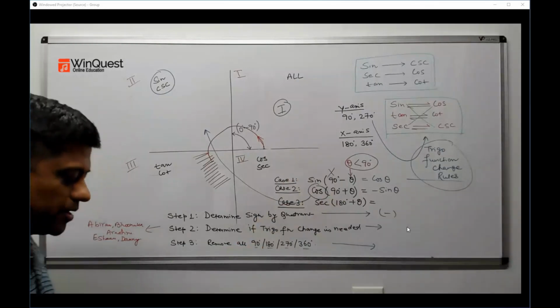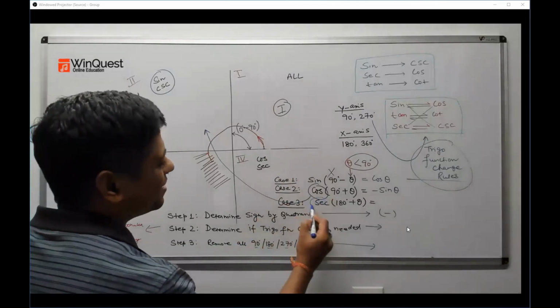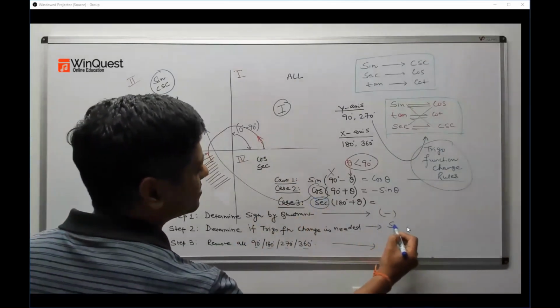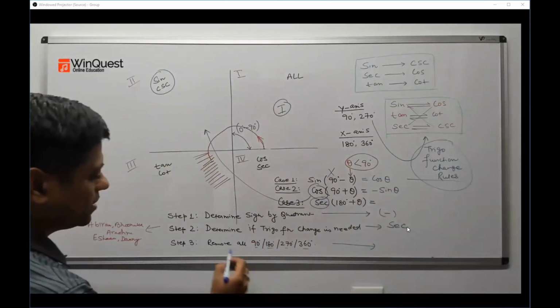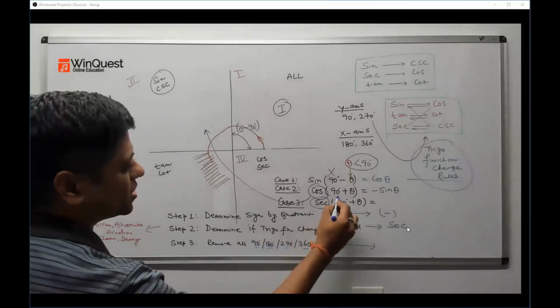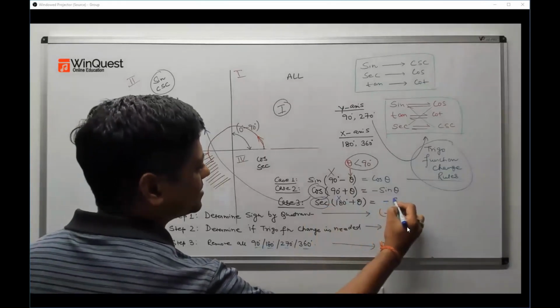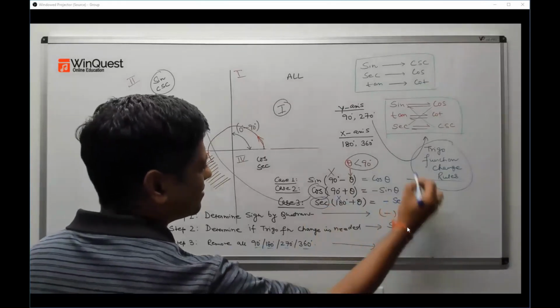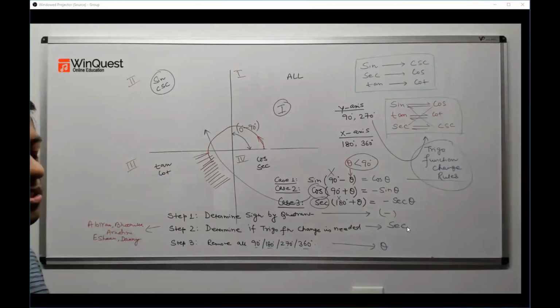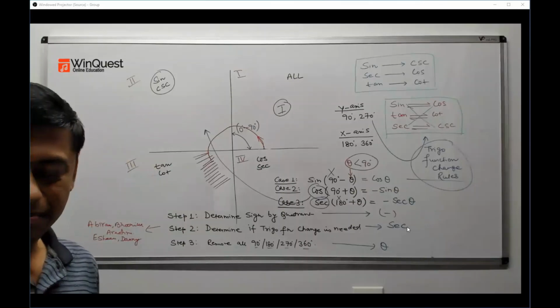This sec just remains sec. There is no change. Remove all 90, 180, 270, 360 degree, so this goes away. You are left with theta. So the ultimate idea is this is minus of sec theta. Now whoever has asked this, can you please Google it and tell me if this answer is correct or not? Correct.